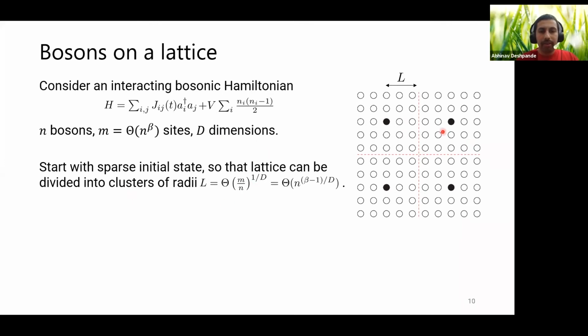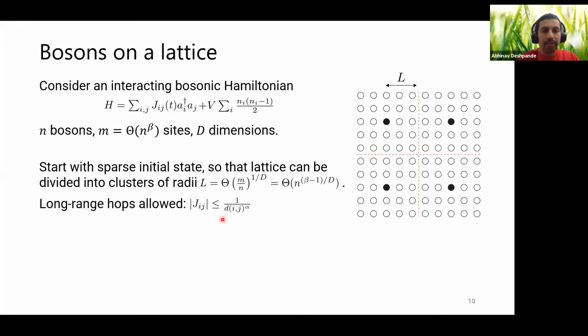Right. So in this setting, when you have this equally distributed initial bosons, the minimum interparticle separation between them scales as n to the (beta minus 1) over d. And this is an important length scale in our problem.